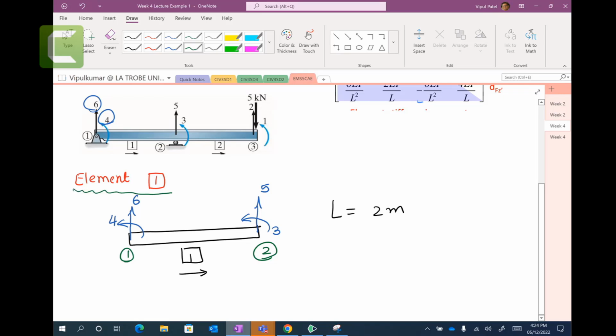When I draw these figures, if you don't understand some of these details, let me know. So far, so good.